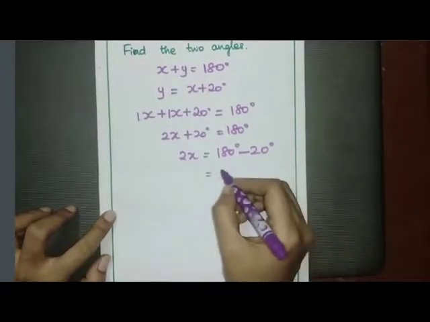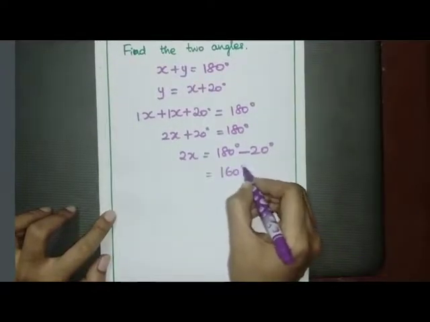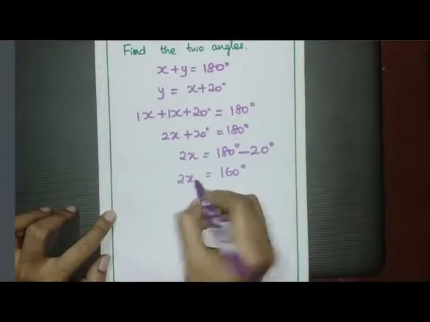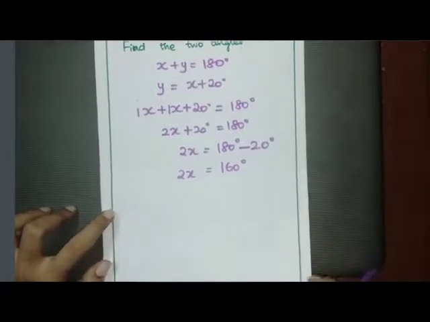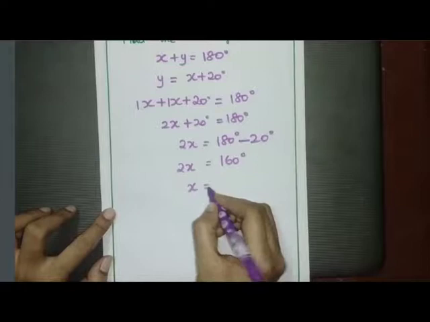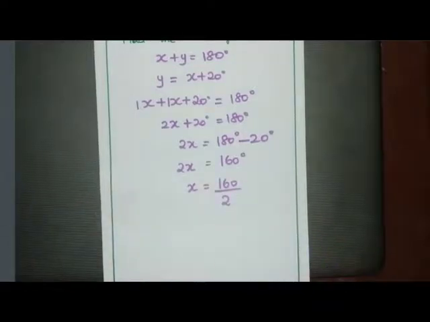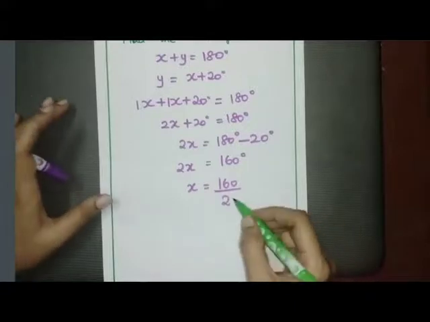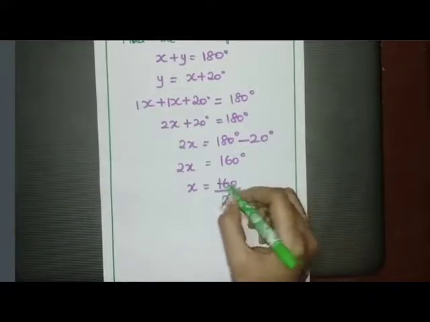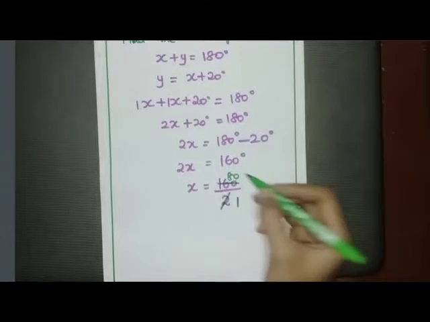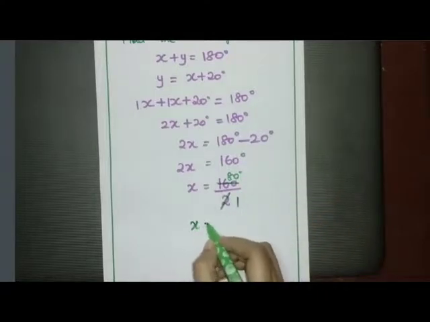Next step, 180 minus 20 will get 160 degrees. So 2x equal to 160 degrees. Then what is x? x will be 160 by 2. Cancel and tell the answer. 1 2s are 2, 8 2s are 16, remaining 0. So x is 80 degrees.